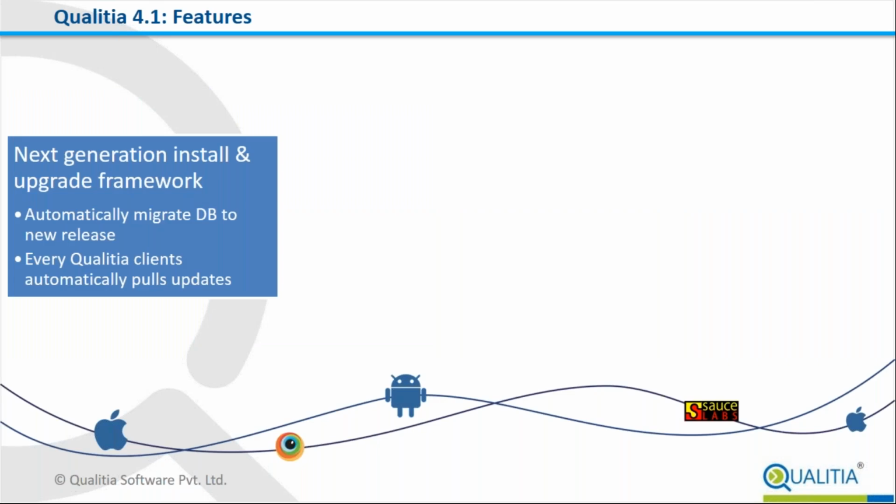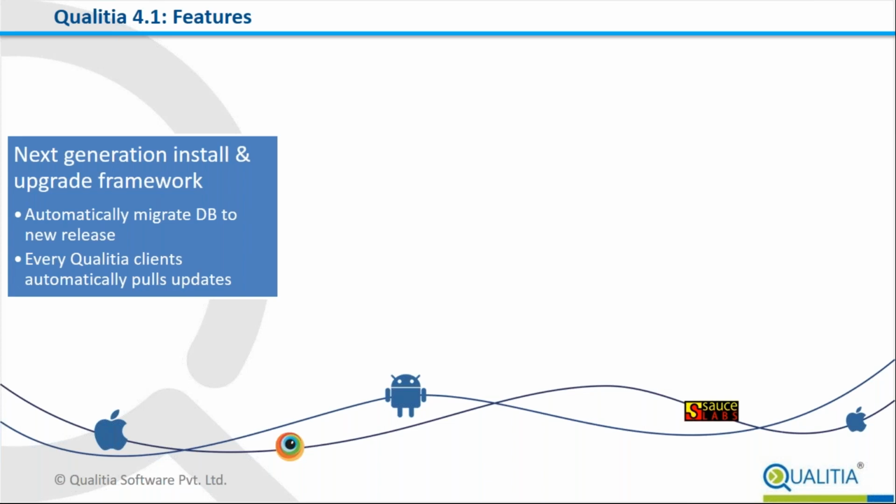We have also created a next generation install and upgrade framework with 4.1. Users of Qualisha are no longer required to remember to take the upgrade or install packages that we will come out with on a regular basis and take them to each and every machine where Qualisha is installed, download it either manually or take them through pen drives, etc. All of that is not needed anymore.